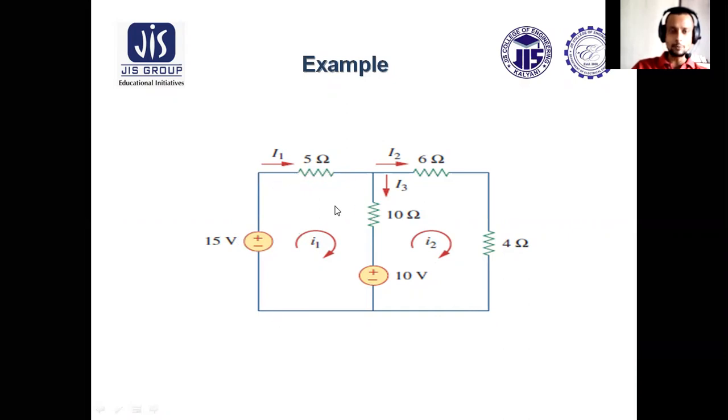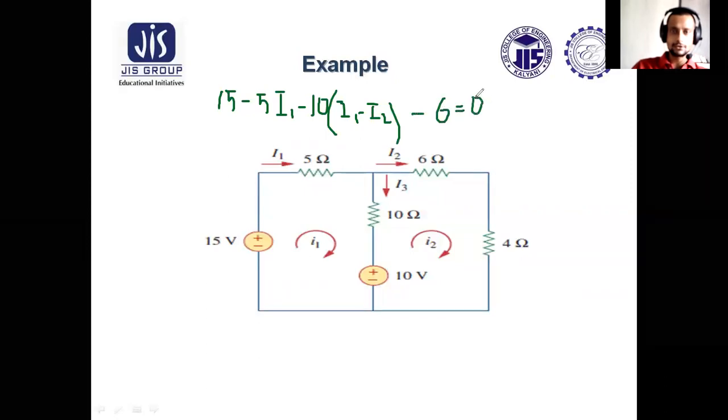If we apply KVL in loop 1, what should be the KVL equation? 15 minus 5I1 minus 10, as we are working on loop 1, so I1, let us consider I1 greater than I2, minus 6 equals to 0.